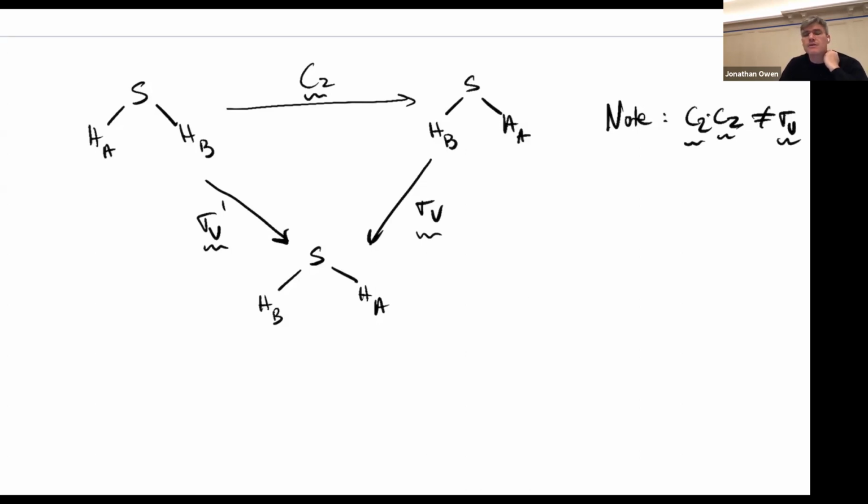For the reasons Mac was asking about, you know, the lone pair, the spherical shape of this molecule being exchanged in front and back. When you do a C2, the front of HB on the right-hand side becomes the back of HB on the left-hand side. Okay, so if you do two C2s in a row, that's not sigma V because of that front and back exchanging stuff.